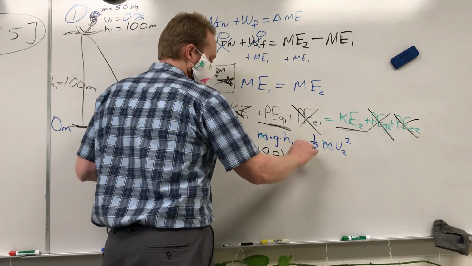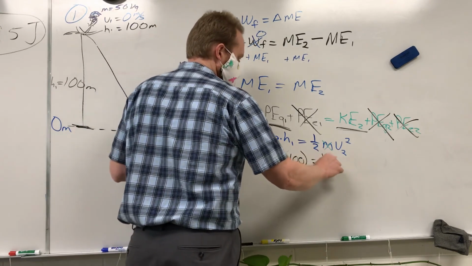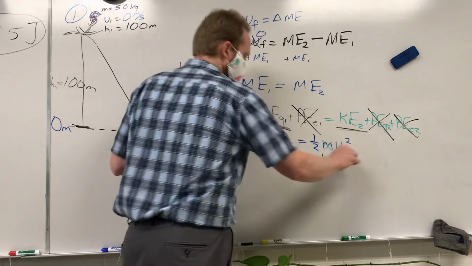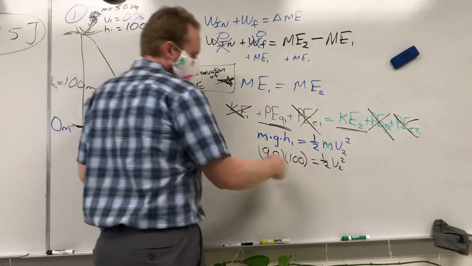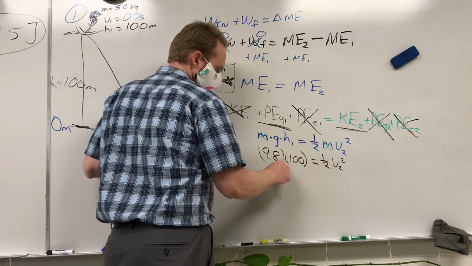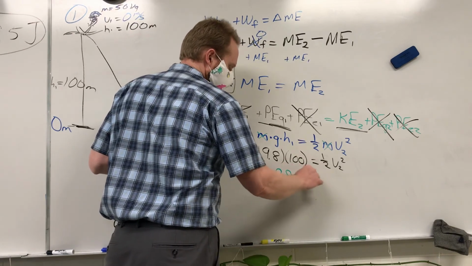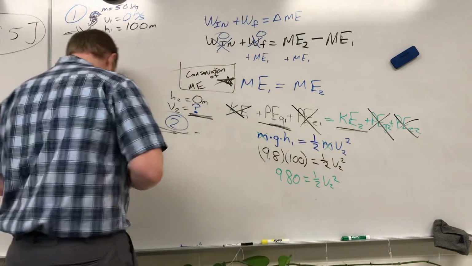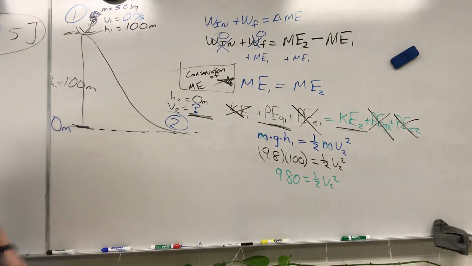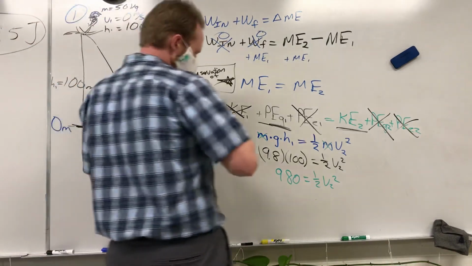Plugging in numbers at this point, G has a value of 9.8. My H1 is 100, which is equal to 1/2 V2 squared. 9.8 times 100 is 980, which is equal to 1/2 V2 squared. Divide both sides by 1/2, which really means we double that.